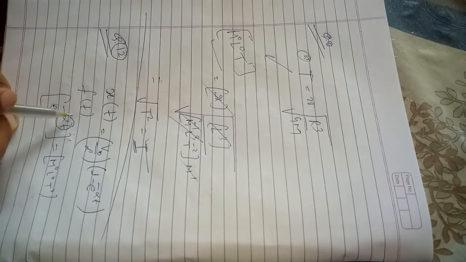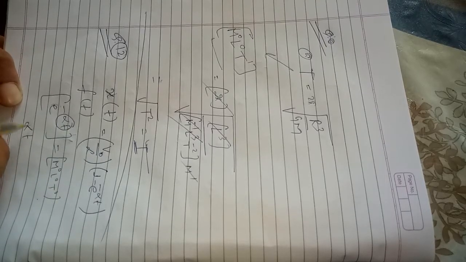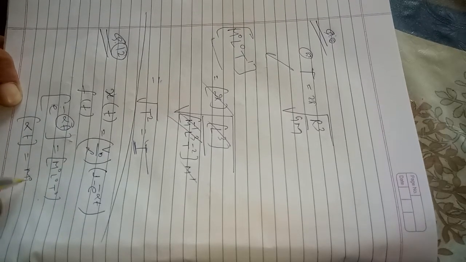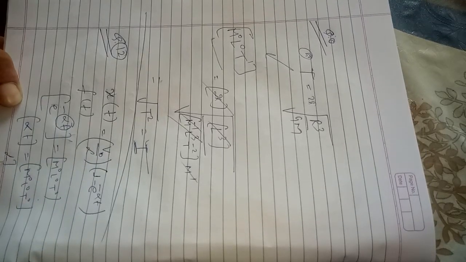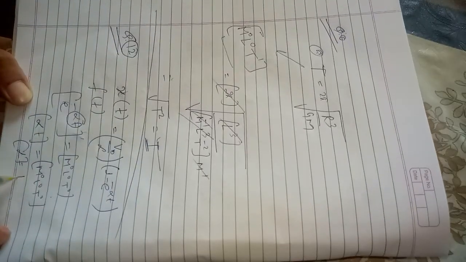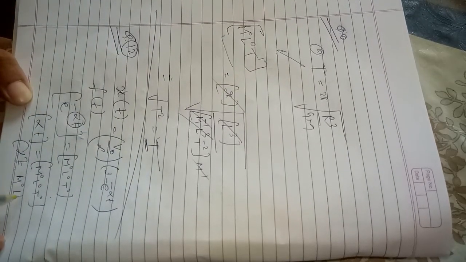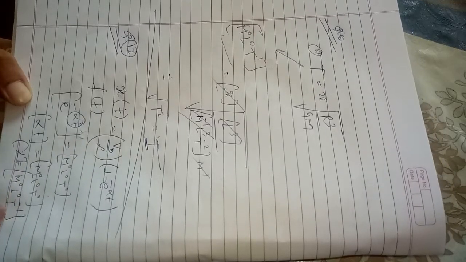Number raised to something is also a number, so alpha t is also dimensionless. So the dimension of alpha t also has to be m0 l0 t0, the same. So from here we can get the dimension of alpha. What we can get is m0 l0 t minus 1. So this is the dimension formula for alpha.